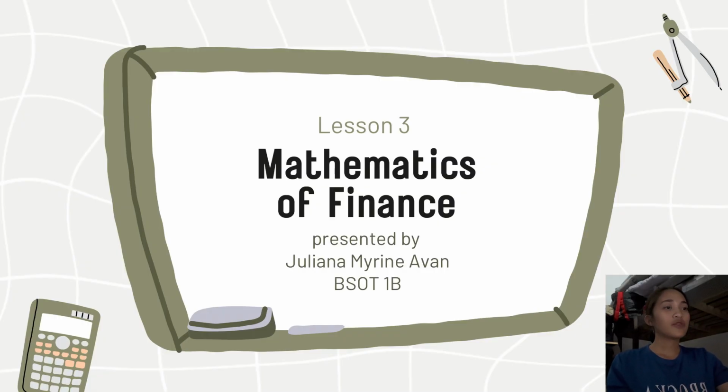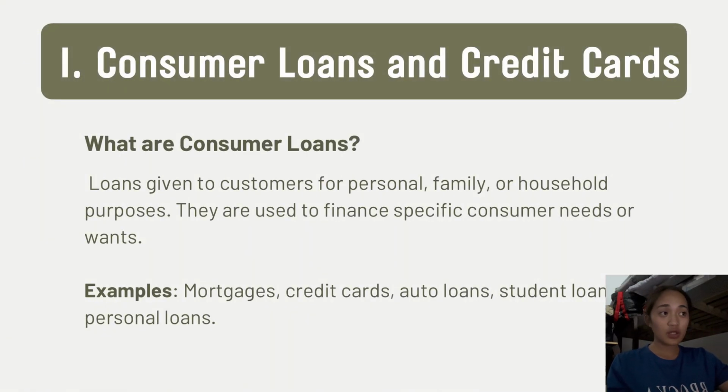So, our first lesson is about consumer loans and credit cards. Consumer loans are money that individuals borrow for personal use. Unlike business loans, these are meant for everyday needs like education, housing, transportation, or even emergencies.